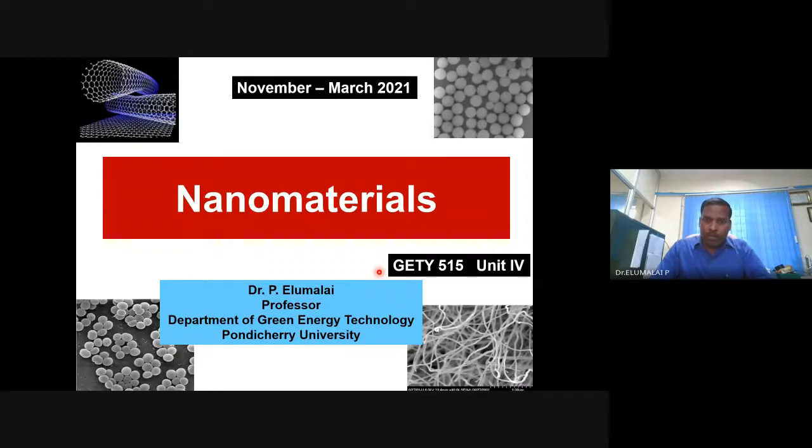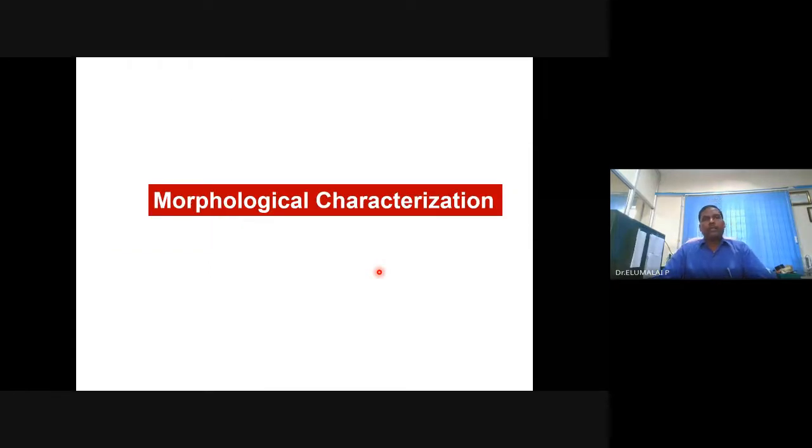Last class we completed the structural and the spectroscopic characterizations. We have seen that X-ray diffraction can be used to study the crystallographic structure or crystal structure. Since most of the materials are already known, you only have to compare the standard XRD pattern with the pattern that you got or are going to get.